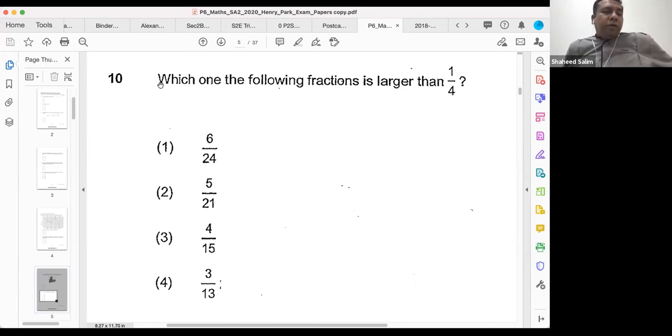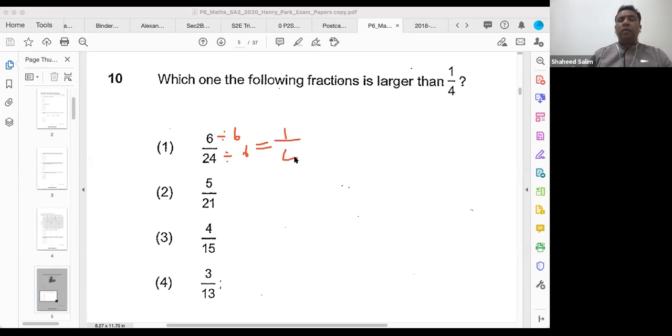Later, I'll show you a very easy way to do this, but you try first. Number one is 6/24. You divide this by 6 and you get exactly 1/4. So we know this is not the answer. Can you try the rest?